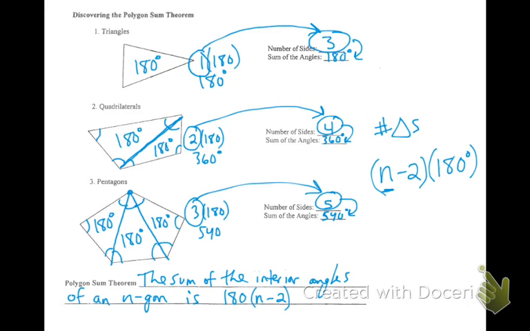So you take the number of sides, subtract off 2, and times it by 180 degrees. Because again, that's how many triangles you can form inside of that polygon, and each triangle is 180 degrees. So pause the video now, and write down anything you need to before moving on to the examples on the back.